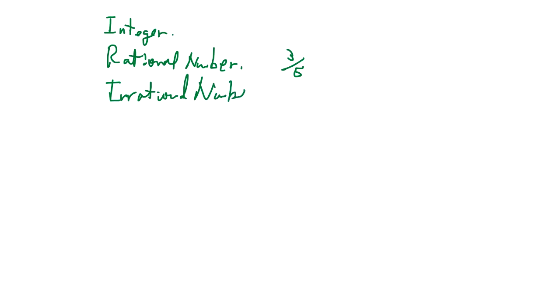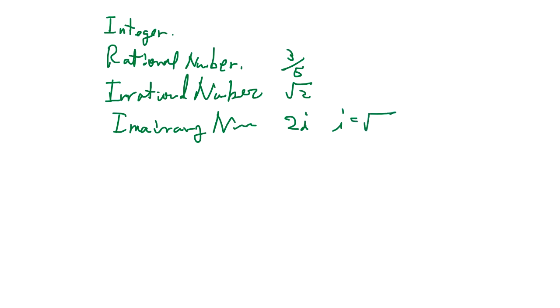Rational number, and it can be a fraction, like that, and irrational number, and some of them learned imaginary number. i equals the square root of negative 1. Okay, if you didn't learn this, that's fine. You will learn it in algebra.